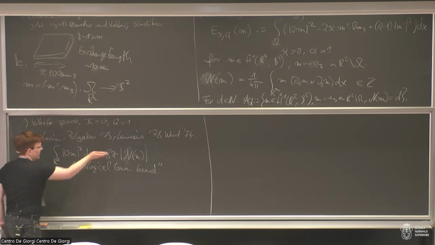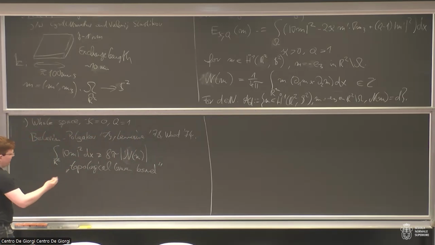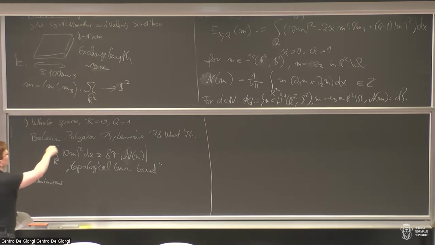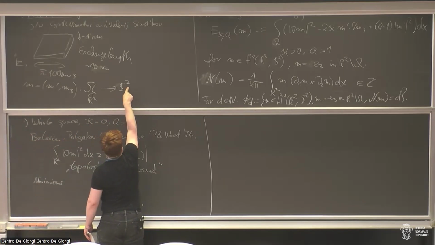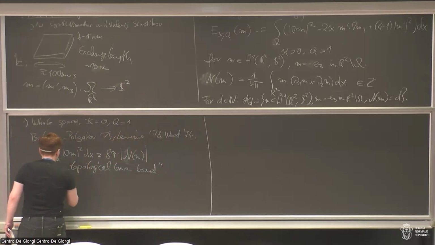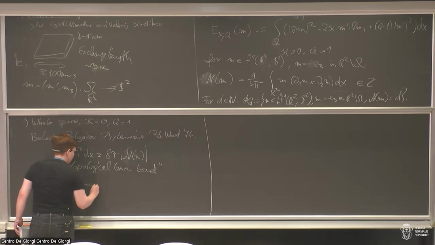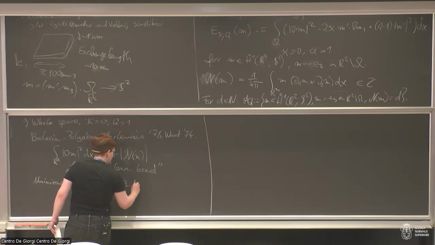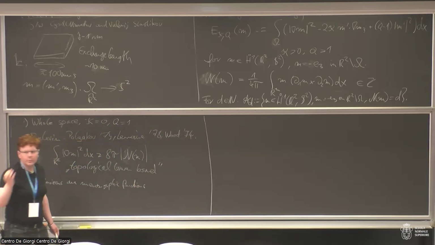And based on the excess in this inequality, which is explicit, you can figure out the equality case. So what the minimizers in this inequality are, and they are, if you use a stereographic projection and go to the complex numbers, you get that minimizers are meromorphic functions with the appropriate degree.